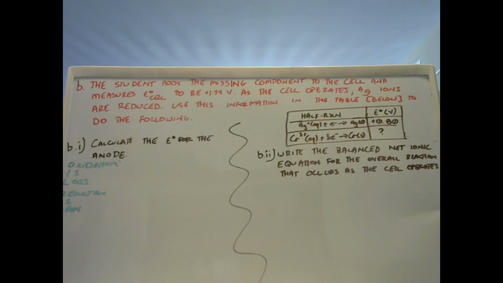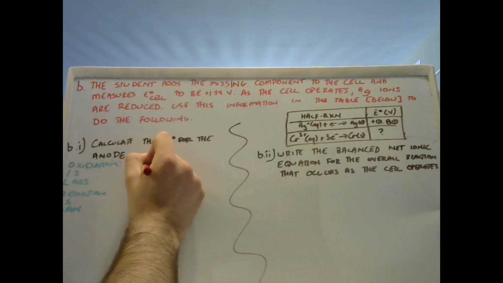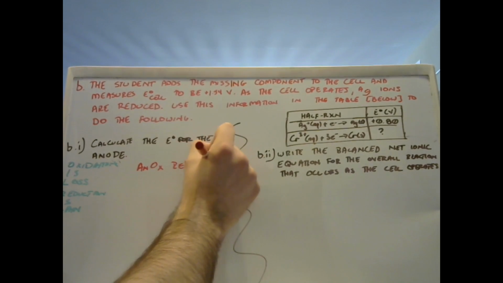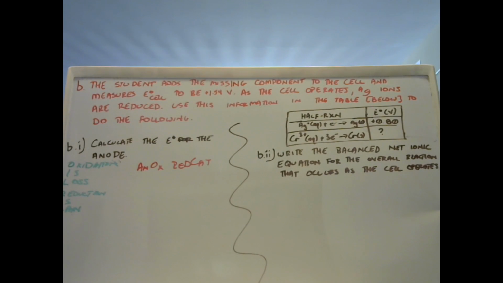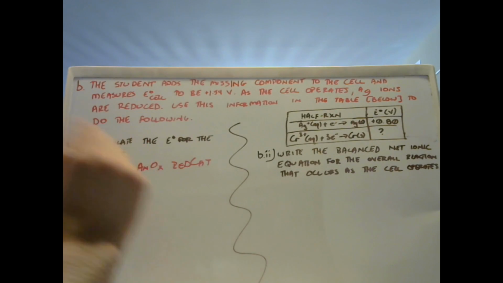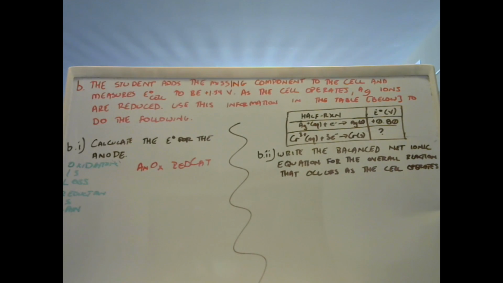The second is AN OX, RED CAT, which tells us that at the anode, oxidation occurs, at the cathode, reduction occurs. The two of these combined help us figure out what we need to do. This tells us that because Ag is being reduced, it's the cathode, so we're looking for the anode, or what's getting oxidized.